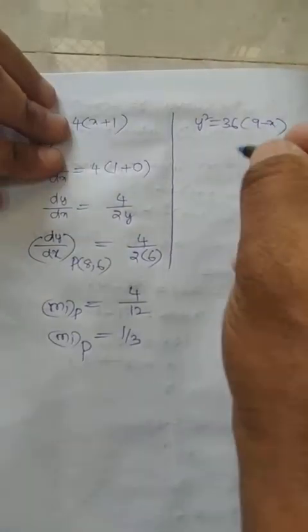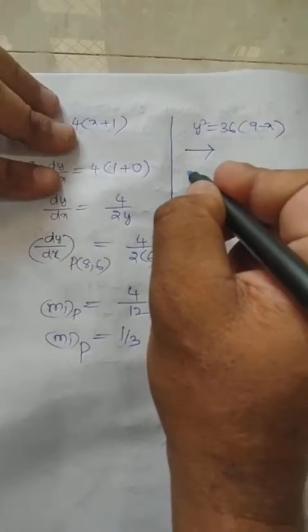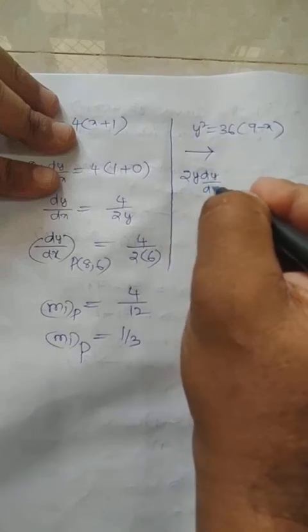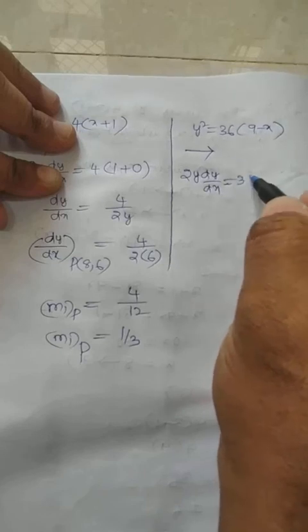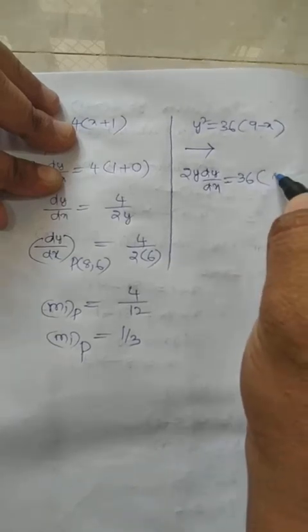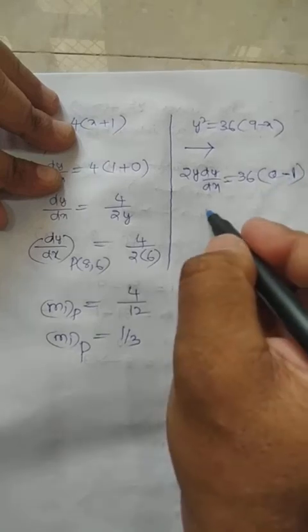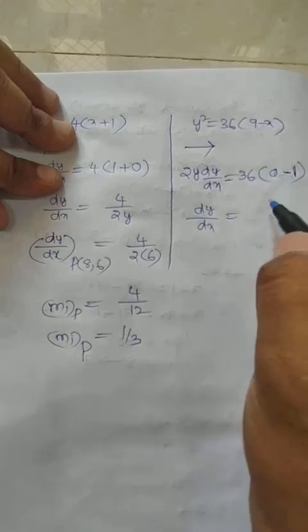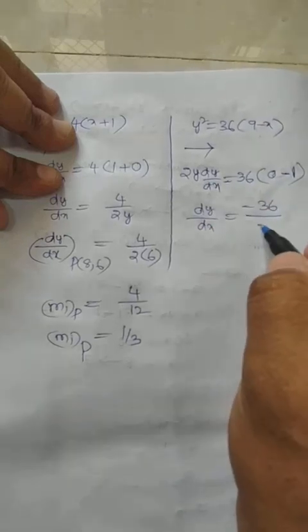So let us observe the other curve, differentiating with respect to x on both sides. Same way, 2y dy by dx is equal to 36 into 0 minus the derivative of x, which is 1. So dy by dx is equal to minus 36 by 2y.